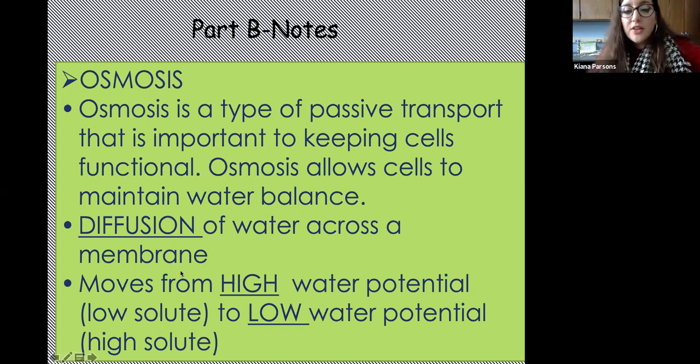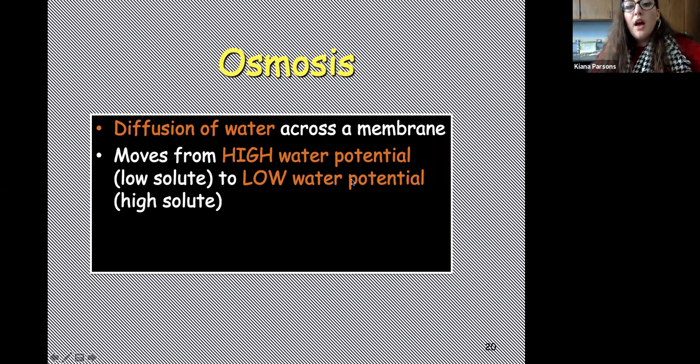Osmosis, just like regular diffusion, happens down the concentration gradient from high water concentration or water potential to low water concentration or water potential. Osmosis is the diffusion of water across a membrane, and it moves from high water potential to low water potential.